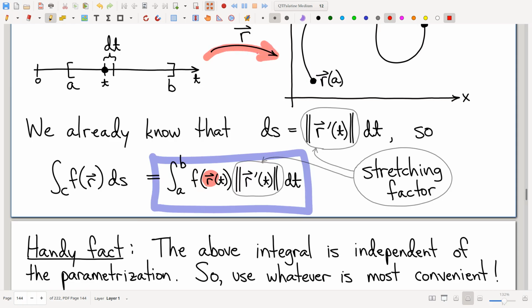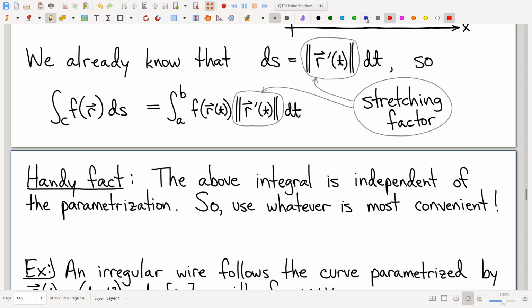But wait a minute, parameterizations aren't unique. Right? You can parameterize a curve in lots of different ways. Well, wait a minute. Wouldn't that mean if I took a bunch of different parameterizations and plugged into this formula here, wouldn't I get a bunch of different integrals? Right? And so now I might have different answers for computing the same thing. And the good news here is that just straight up doesn't happen.